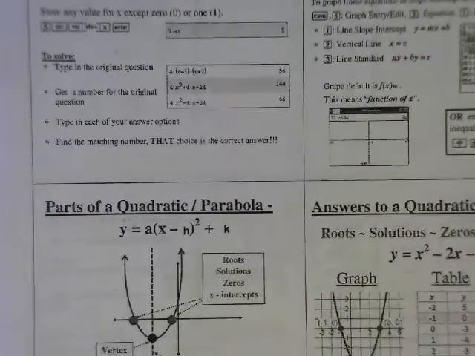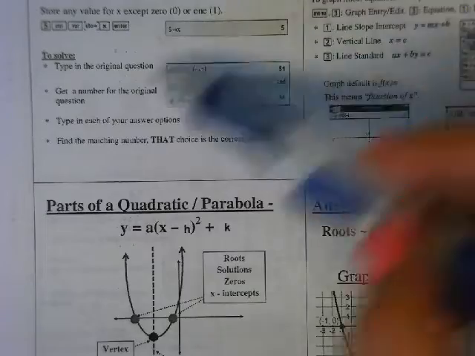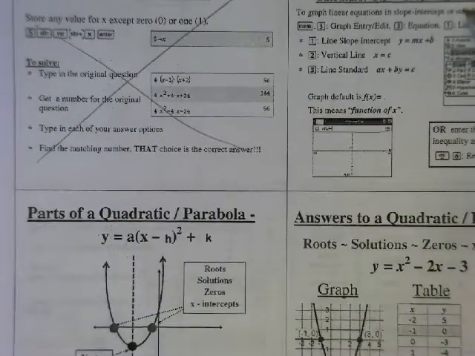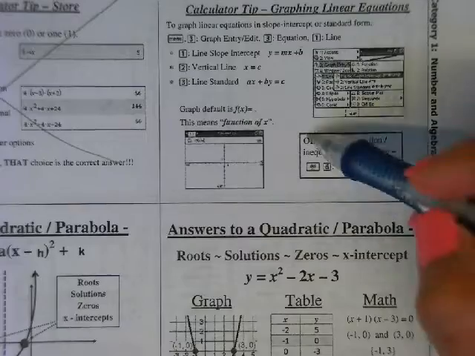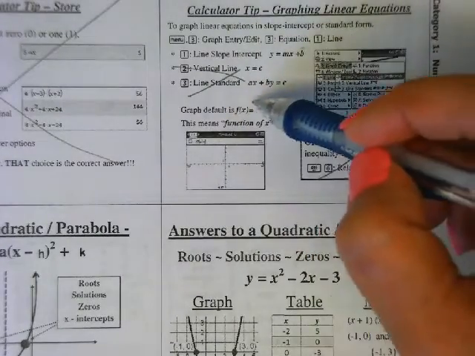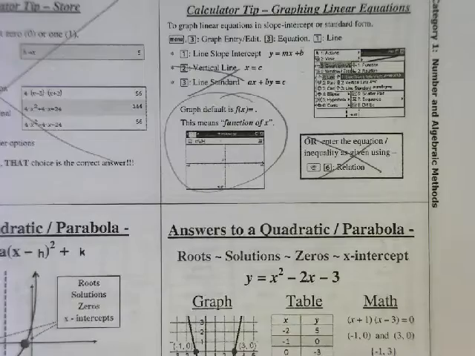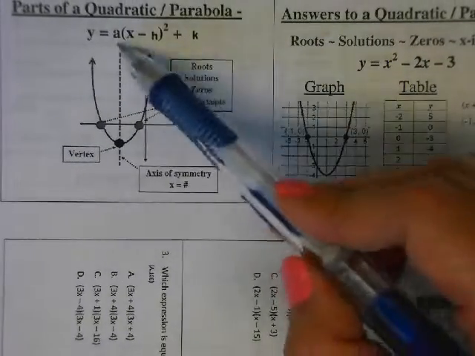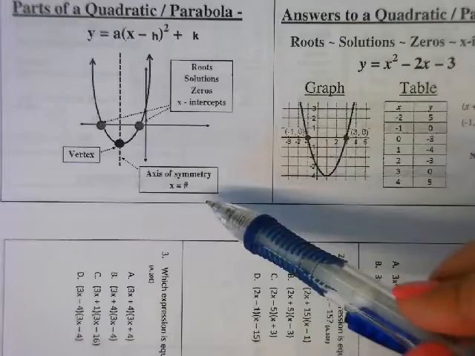So we've got, I did not teach y'all storing. We don't need to worry about that. We did talk about, this is a repeat, graphing the linear equations. Right? If you go ahead, f of x is the same as y. Parts of the parabola. Remember, this is vertex form, this HK.